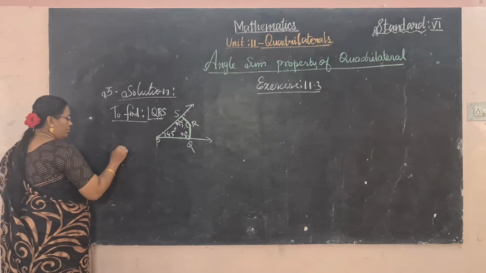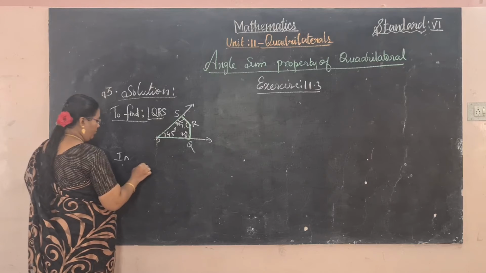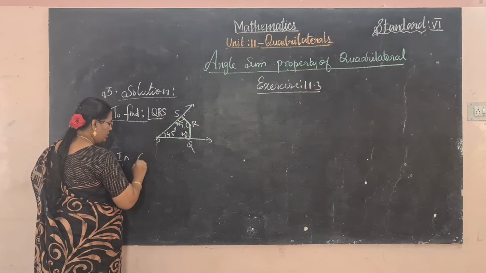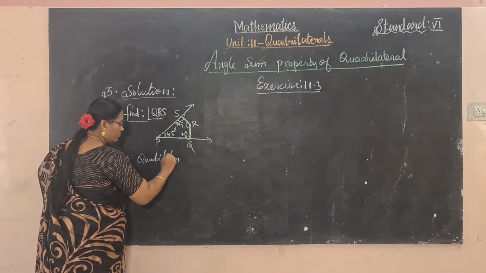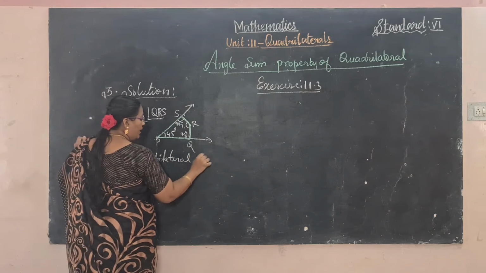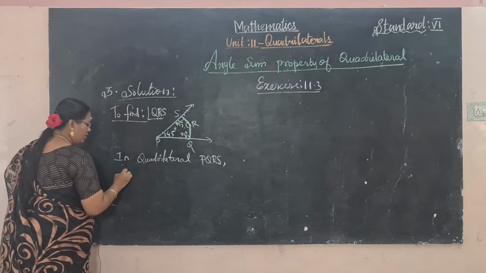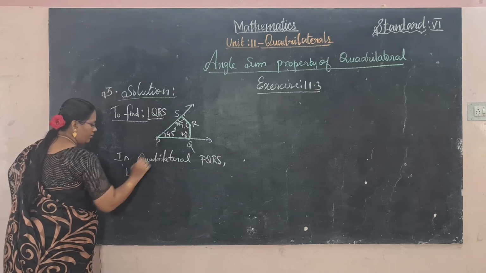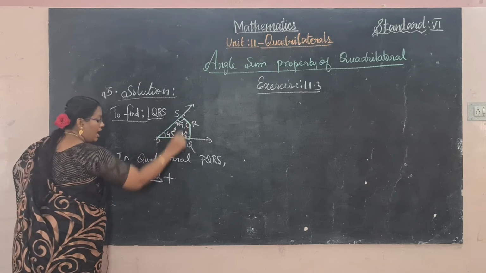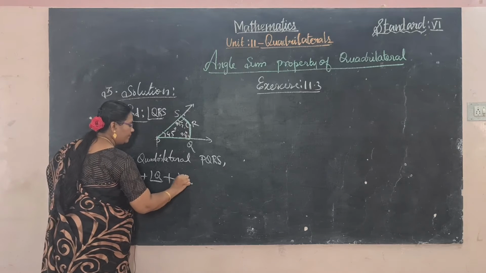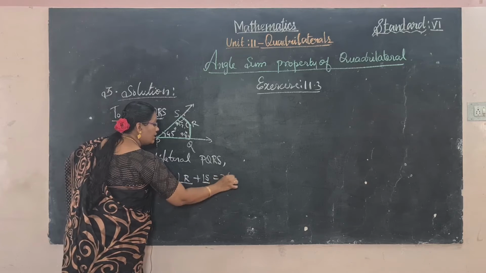Okay, in quadrilateral PQRS, angle P plus angle Q plus angle R plus angle S equal to 360 degree.